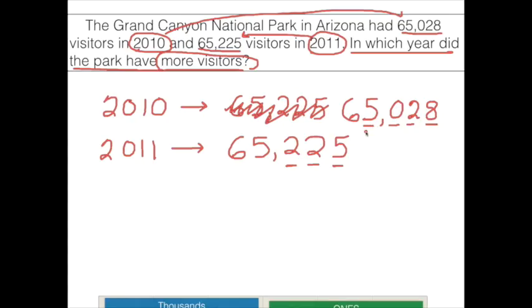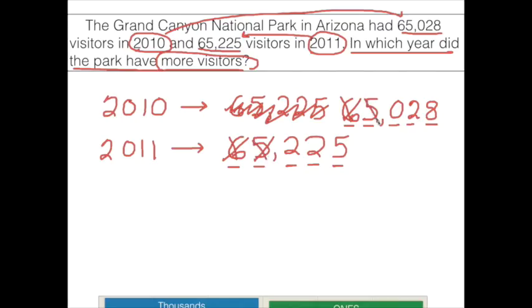Over here, in the 1,000s place, you got 5 and 5. Both 5,000. This one's 5,028. This one's 5,225. This one's more. And these two, the 6 and the 10,000 spot, are the same. Or you can go from left to right. 6 and 6, that's a tie. Cross them off. 5 in the 1,000s place, 5 in the 1,000s place, tie.